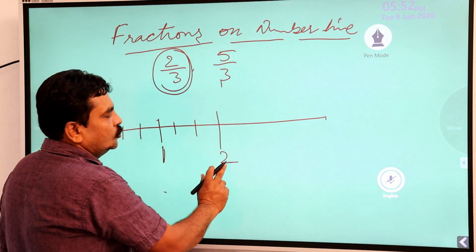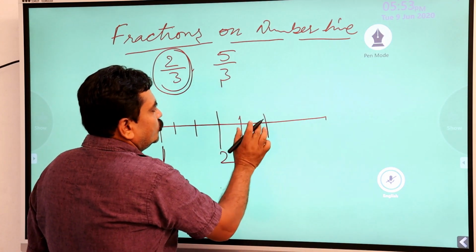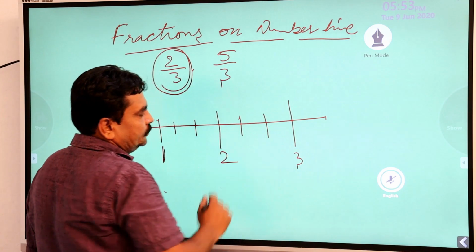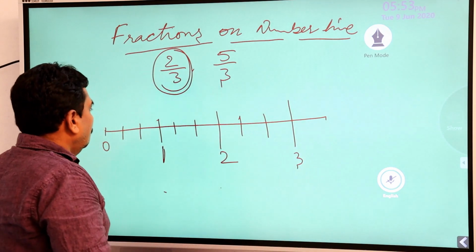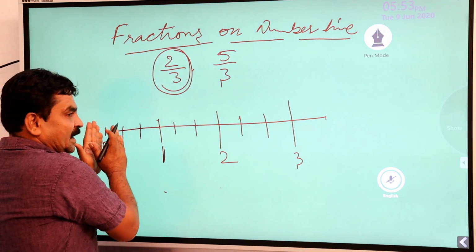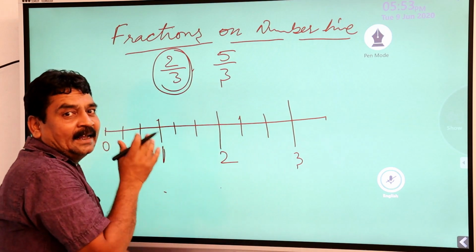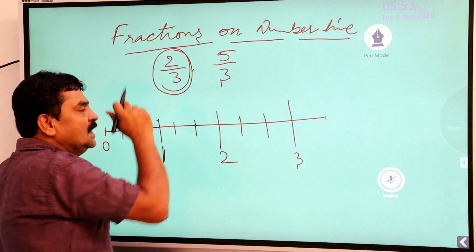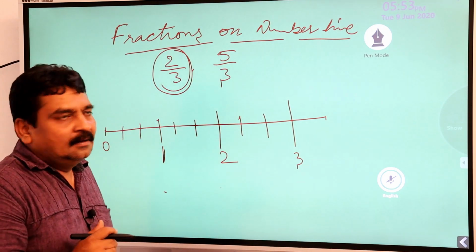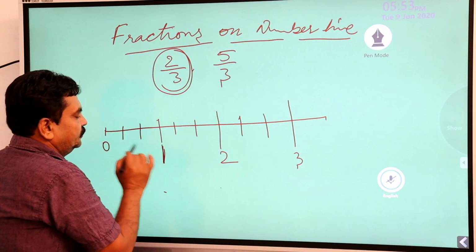The partitions between the consecutive numbers are divided according to the number given in the denominator.